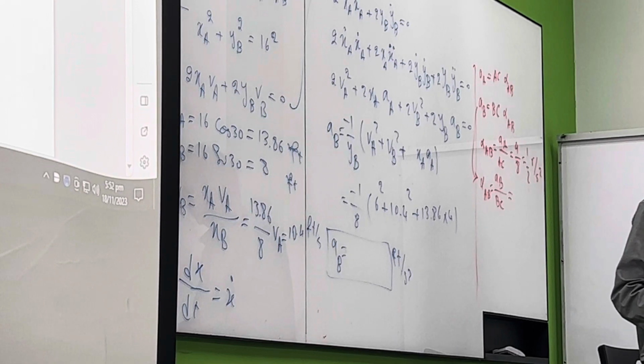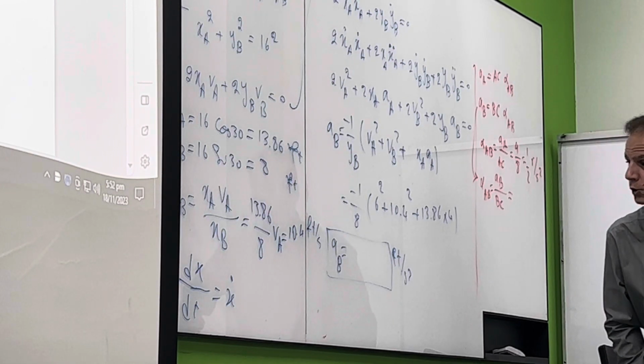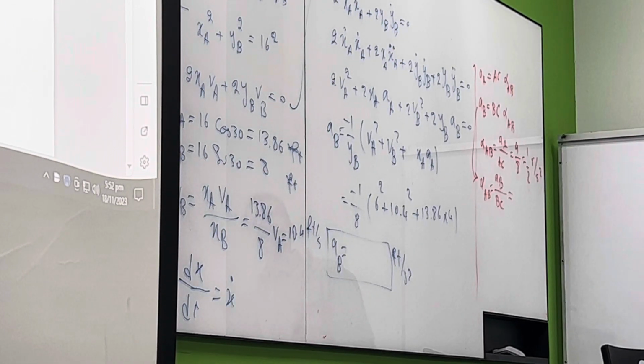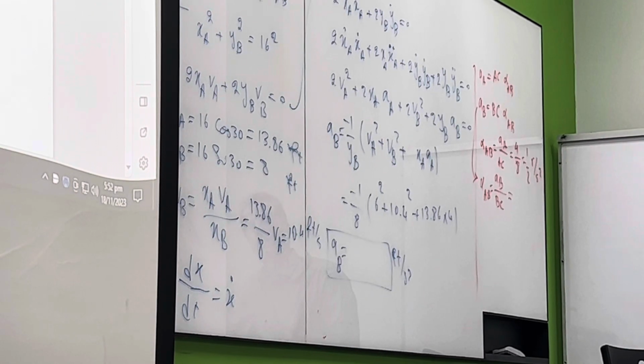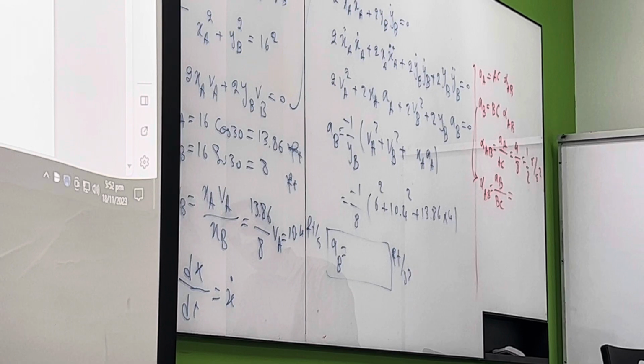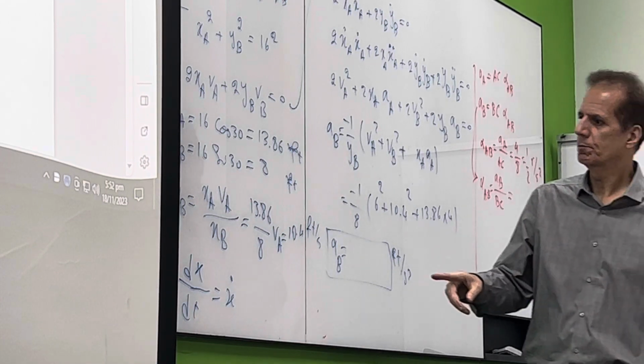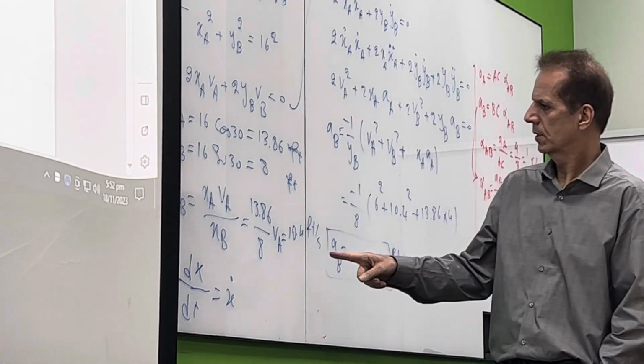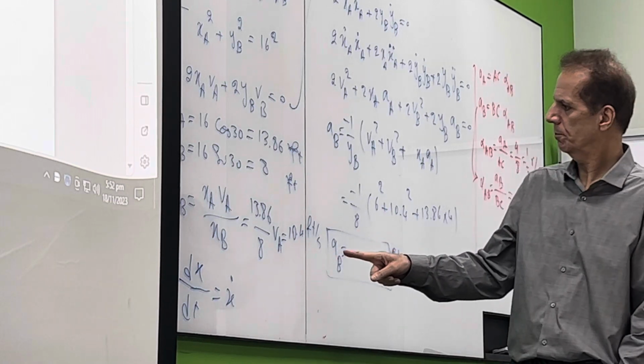Still the same thing? Yeah, 24.95. One side is 4. Let's double check VB. VB was 10.